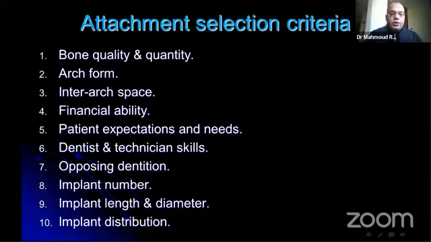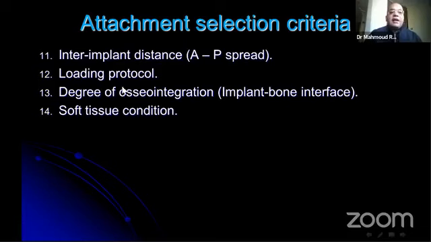Also, implant distribution in the arch, the strategic distribution we are talking about, is very important in implant selection. The inter-implant distance, what we call the AP spread concept. This is the line if you have 4 implants that are equally distributed in the arch, 1 implant in each quadrant.